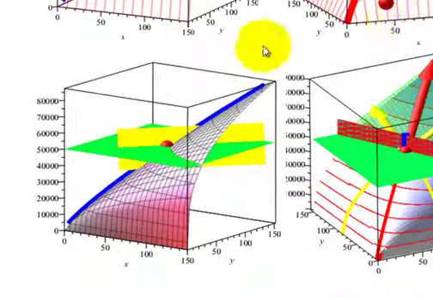And then down here, just another side profile of our production function, and here's our gradient path in blue again, and the level curve, targeted output.